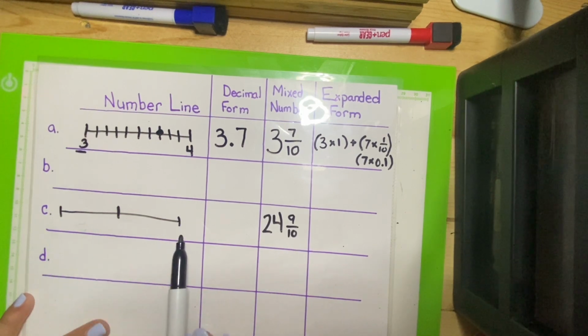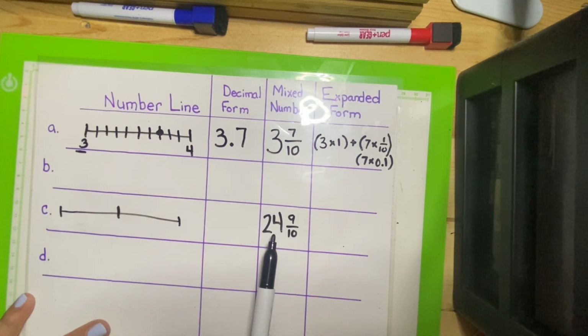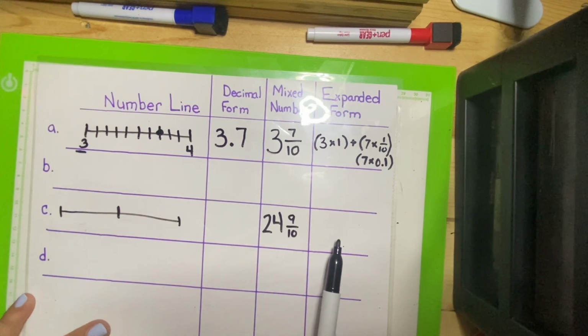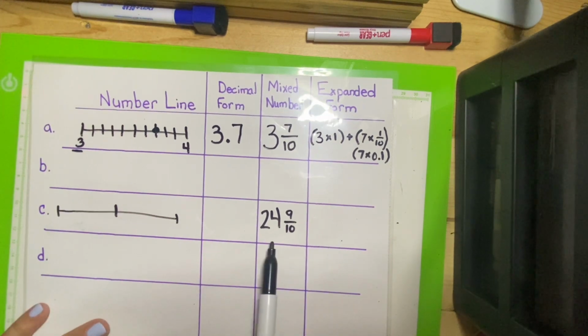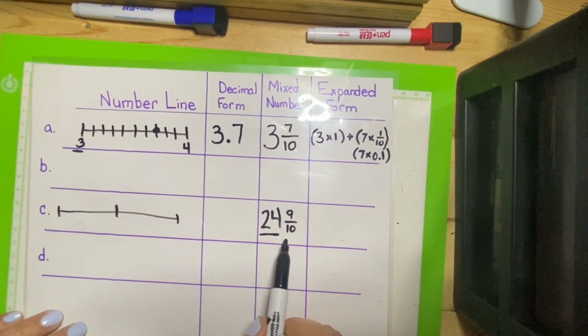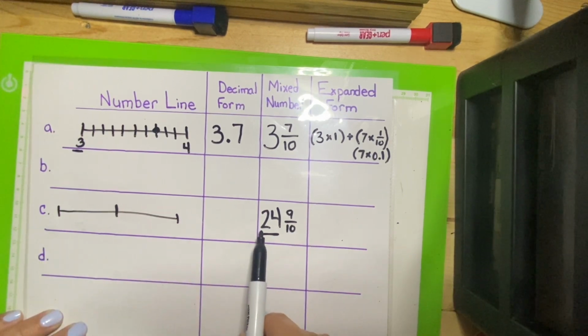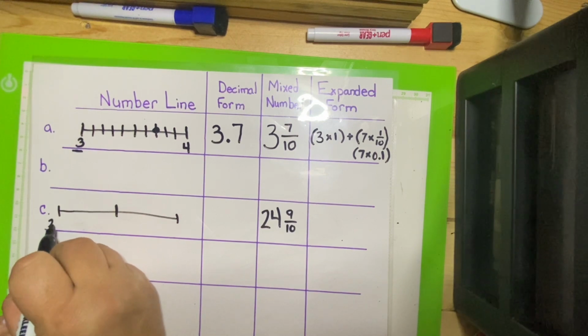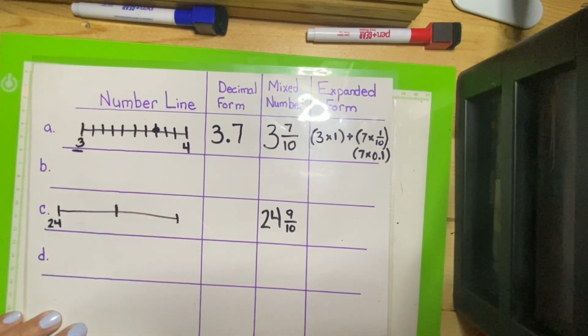I have a blank number line, but they gave me the mixed number. So I don't have decimal and I don't have expanded form. So I know that I have 24 as 24 ones, right? So my whole number, I have 24 as my first whole number on the number line.